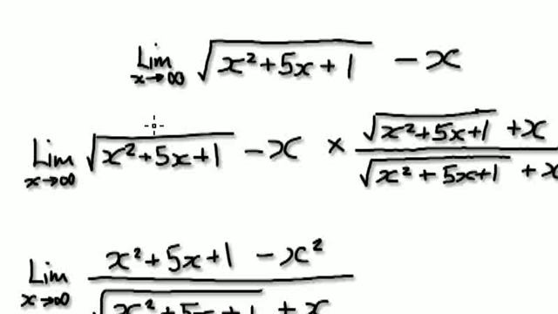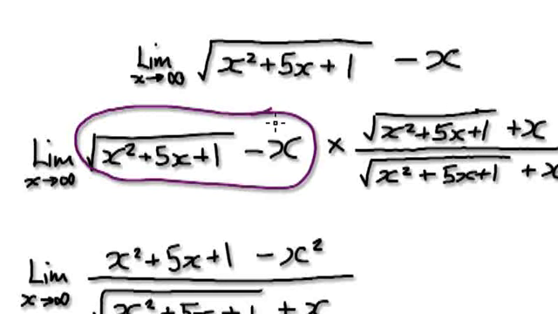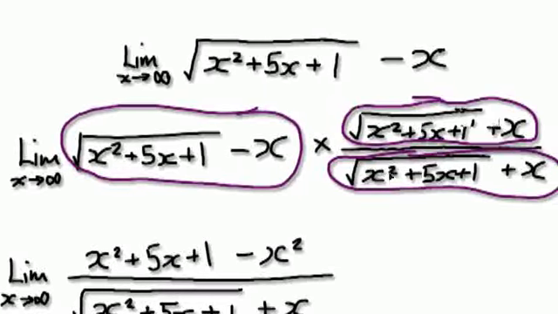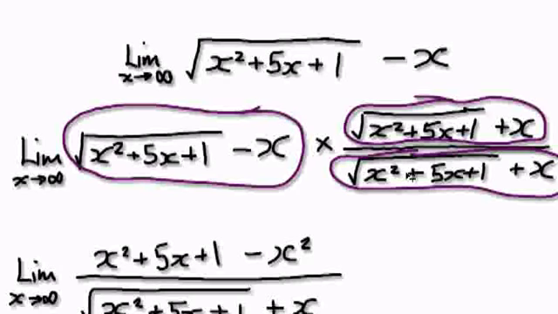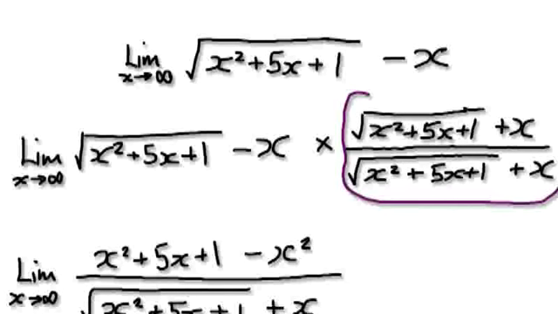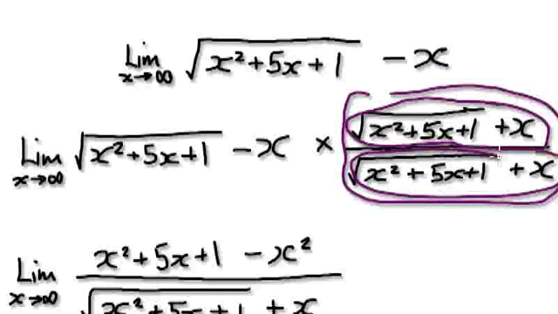Okay, so to do this, multiply. Visualize it like this: you've got a bubble here. Multiply top and bottom by the conjugate. So this thing here is like the number one, because you've got the same bubble over another same bubble.